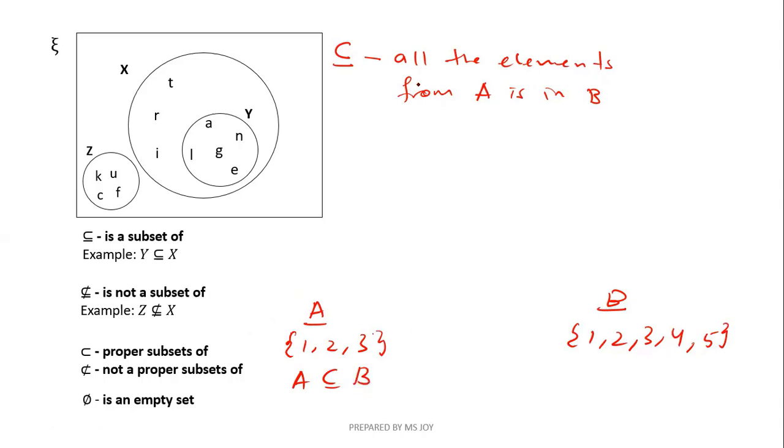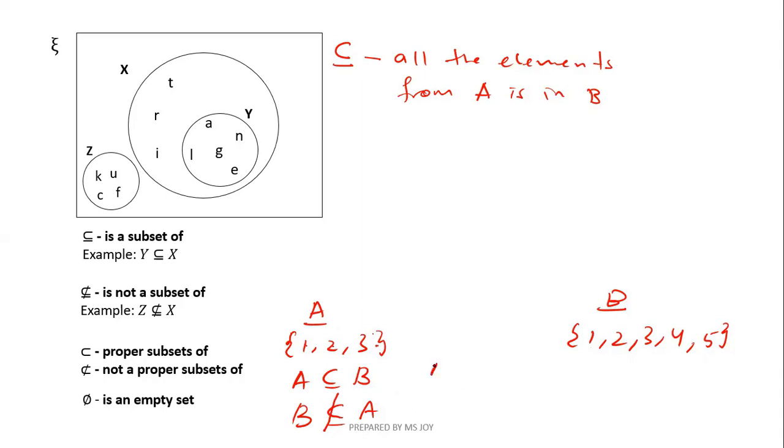Because from the definition, all my elements from A are inside of B. So yes, all the elements 1, 2, 3 are inside of B. I cannot say that B is a subset of A. Why? Because not all the elements of B are inside A, which means 4 and 5 are not inside of A. Correct or not? So this is not a subset.